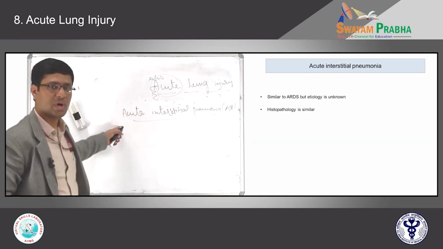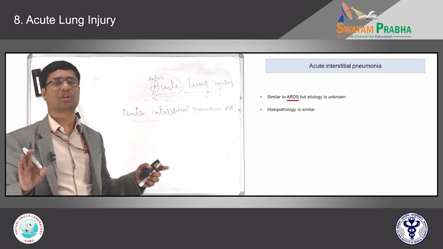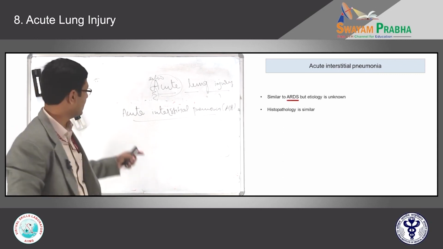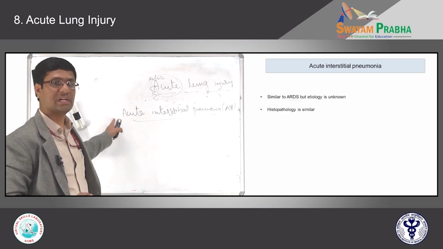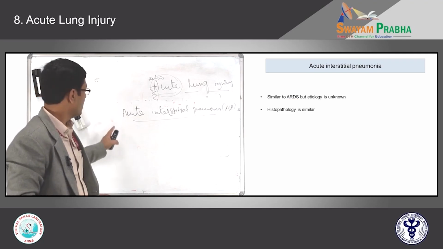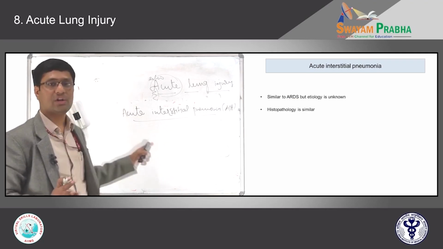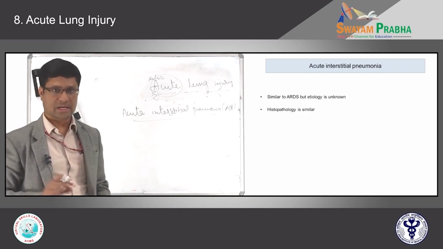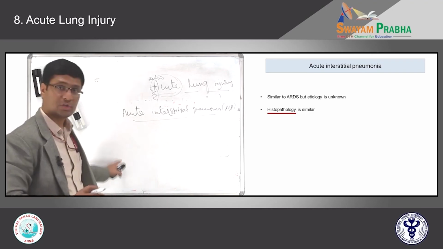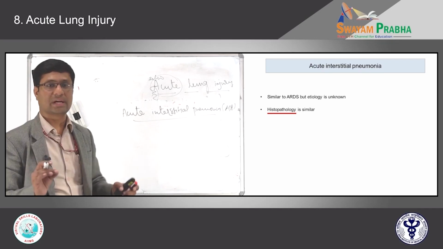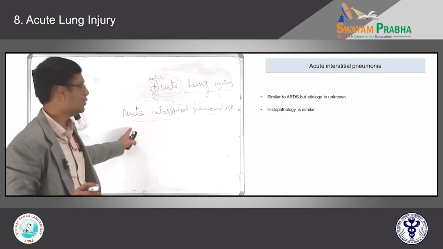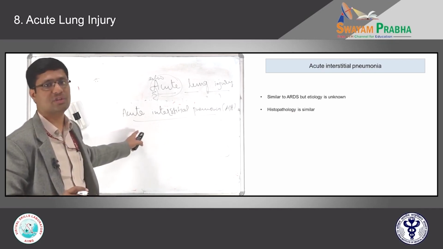Acute interstitial pneumonia is nothing but acute respiratory distress syndrome. Clinically, all those patients will present like ARDS. Radiologically, all the radiological characteristics will be like ARDS. Histopathology, everything will be like ARDS, but here we don't know the definitive etiological factors.